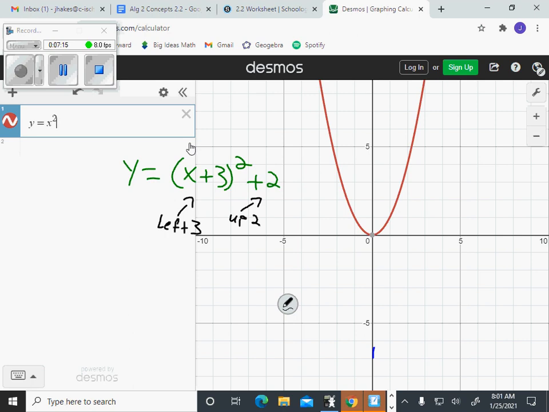So we should be at a point, left 3, -1, 2, 3, up 1, 2. There's our vertex. Our vertex is at -2, 3. Oh, sorry, -3, 2. Oops. -3, 2.